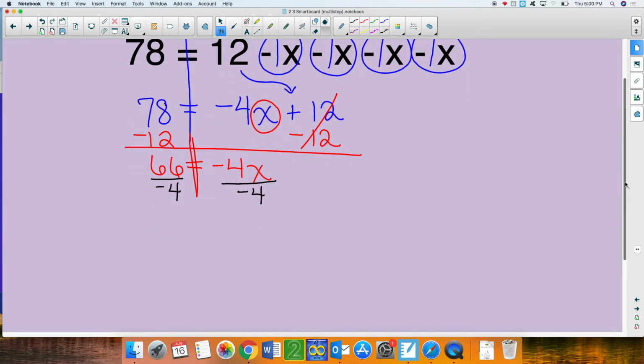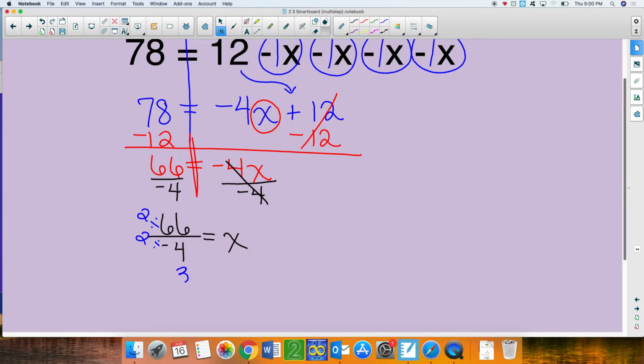If you do that on your calculator, you're going to get a decimal. So we're going to just bring it down exactly as we see it, bring down our equal sign, and that becomes a positive 1x. So the question is, can I reduce a 66 and a 4? Yes, I can reduce those numbers by 2.